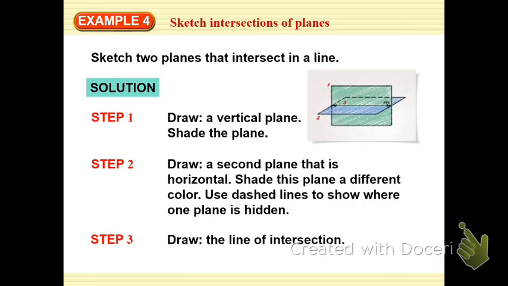Now, they don't have to be vertical and horizontal. You know, I could have a plane going this way and another plane going that way, just as long as they intersect in a line.